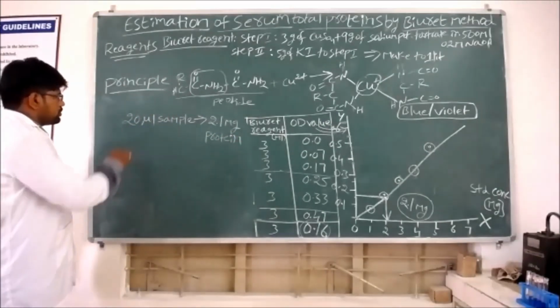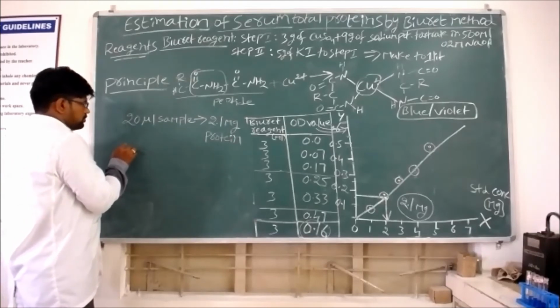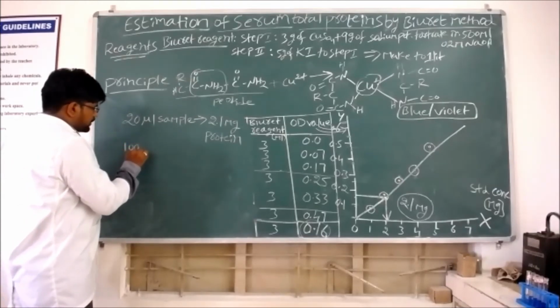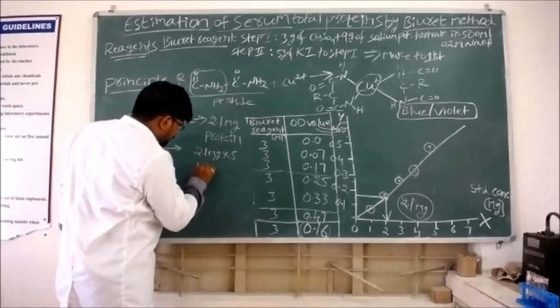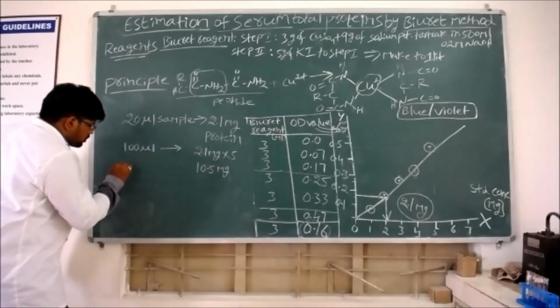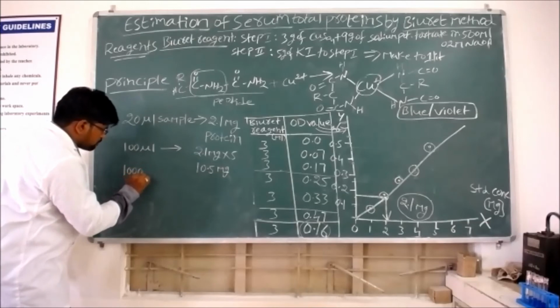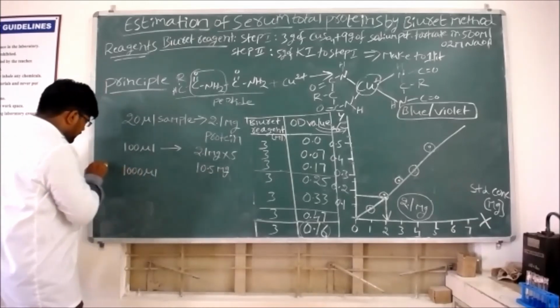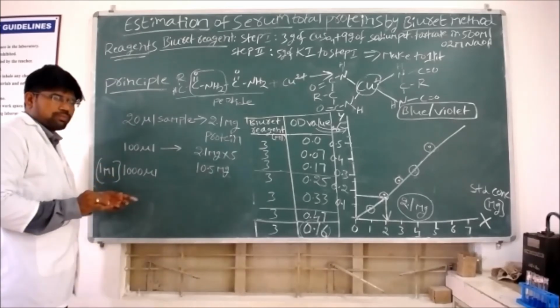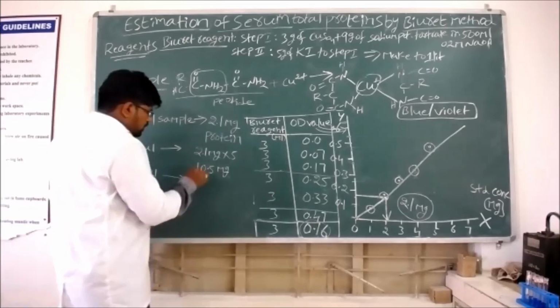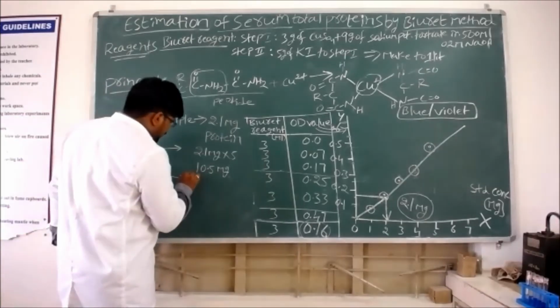Now 100 microliters will have 2.1 mg into 5, means 10.5 mg. 1000 microliters is equal to 1 ml. So 1 ml of the test sample contains 10.5 mg into 10.